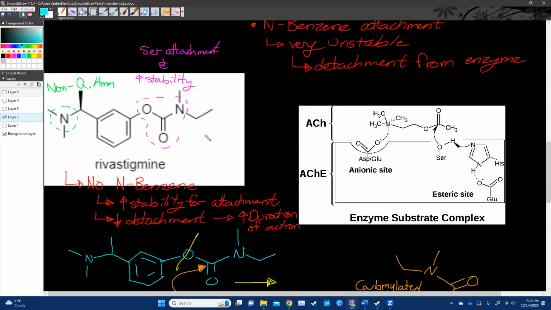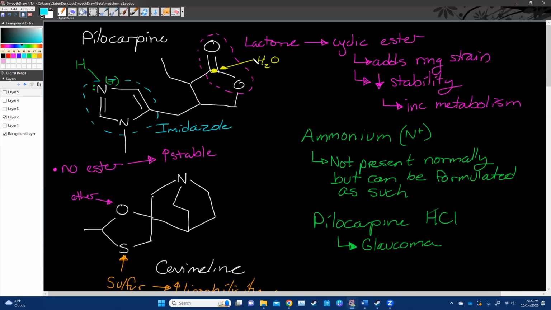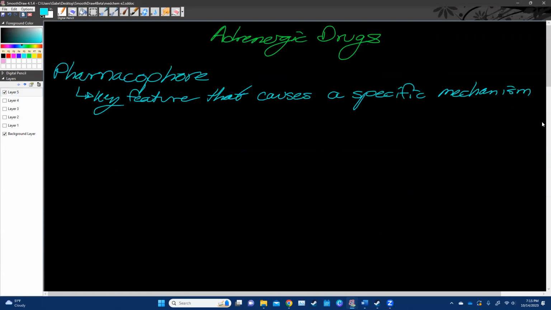We can run with this idea a little further. We can have some really funky structures that still mimic the same pharmacophore, where you have an ester, a couple of carbons, and a nitrogen that's positive. When we talk about adrenergic drugs, they are going to stay very similar to the pharmacophore that they are based off of.